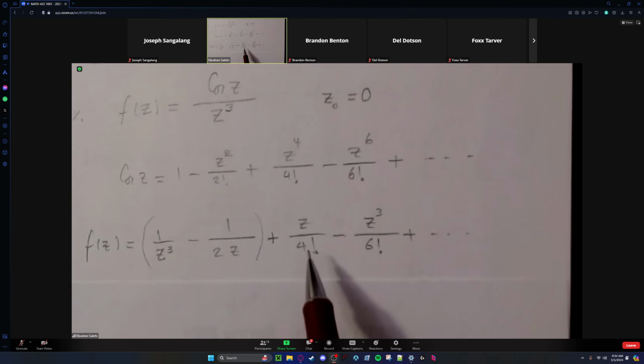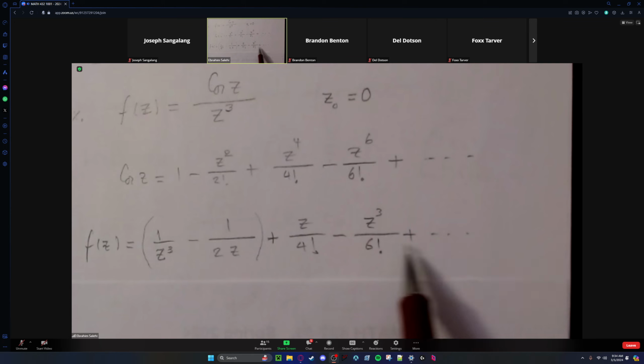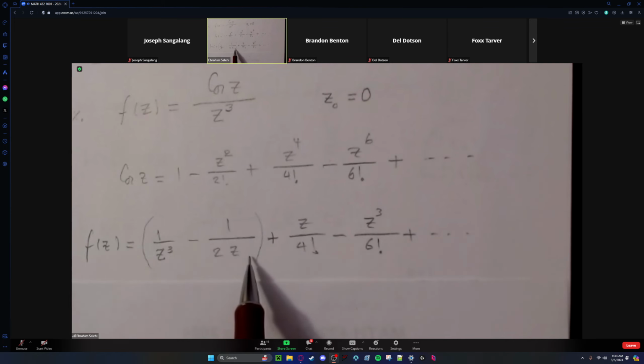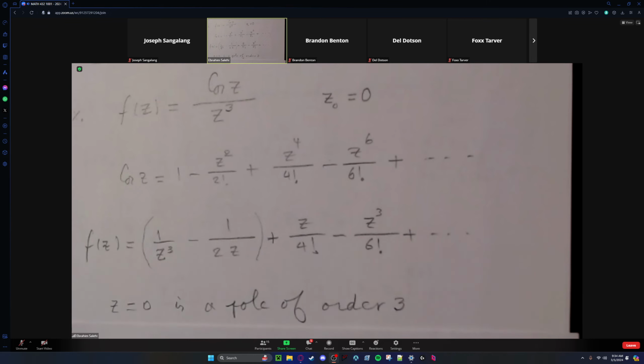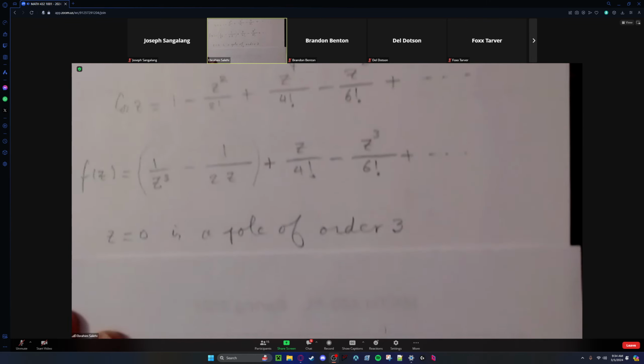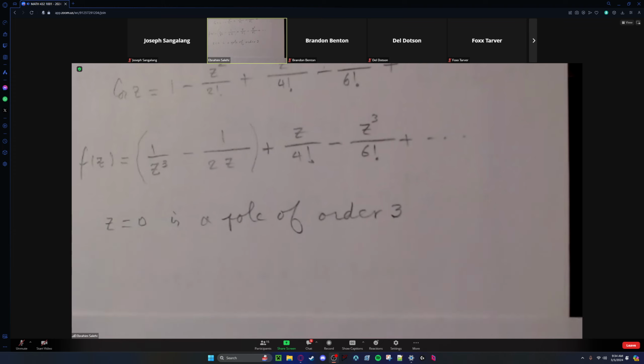Here are all positive powers of z, and here, all the negative powers of z. So it is a pole of order 3. So z equals 0 is a pole of order 3.